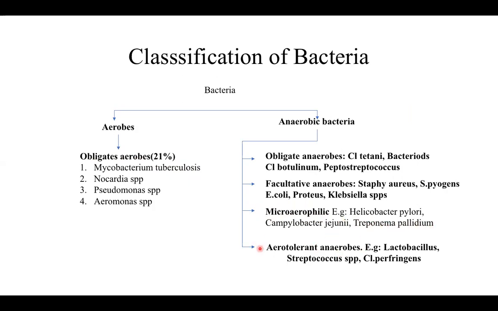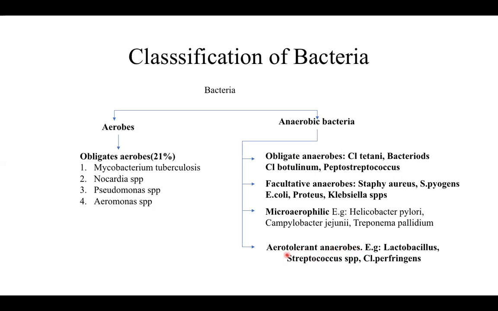Another group of bacteria is aerotolerant anaerobes. Aero means air, tolerant means can resist. These are obligate anaerobe-like bacteria, but the growth of the bacteria will not be affected if there is a presence of oxygen. They do not utilize the oxygen, even if it is present. They grow anaerobically.